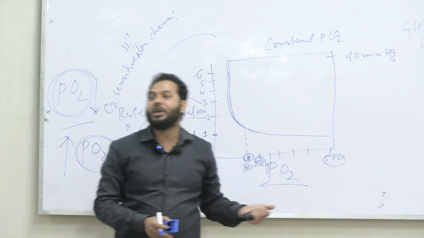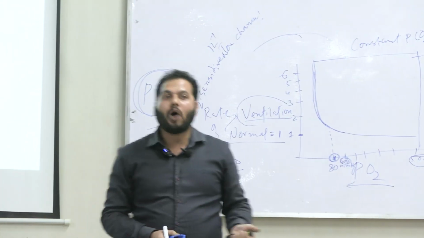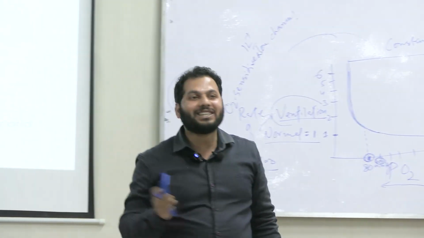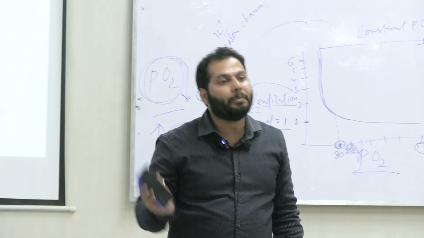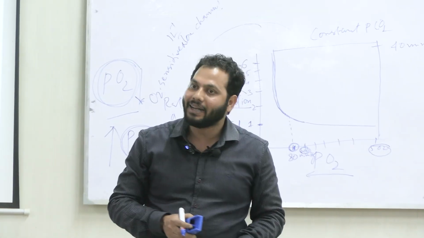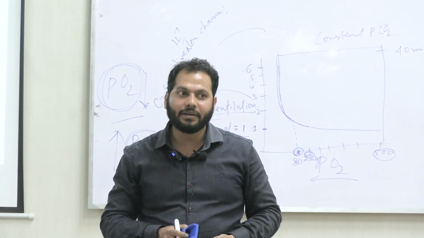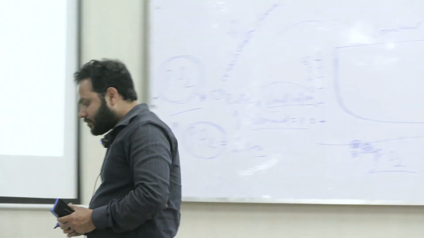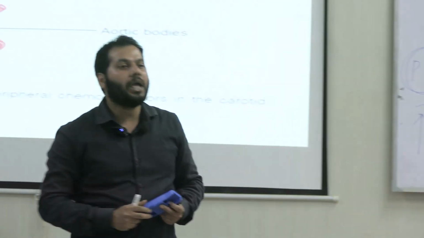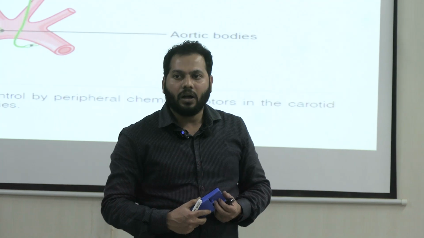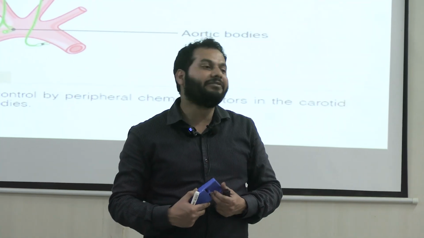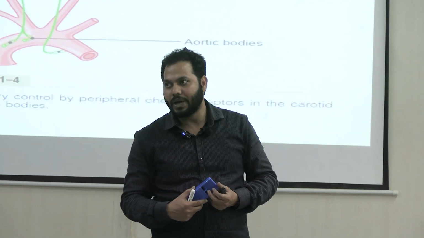At that particular pressure, our nerve fiber sends the signals to the higher center to improve the ventilation rate as well as depth, right? Now, these are just a brief of the mode of action of peripheral chemoreceptors, right?